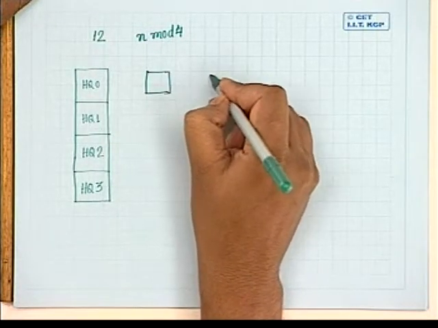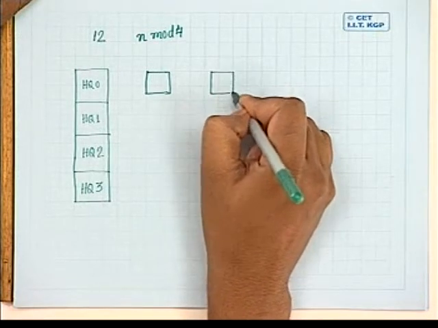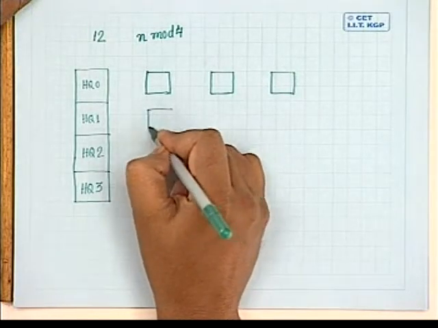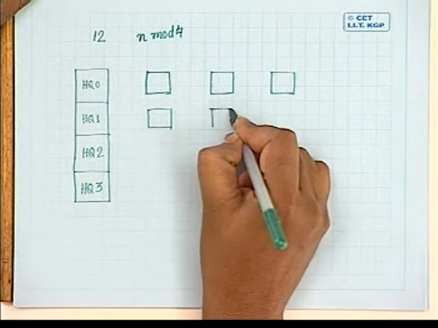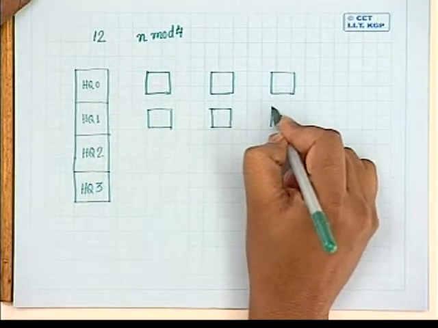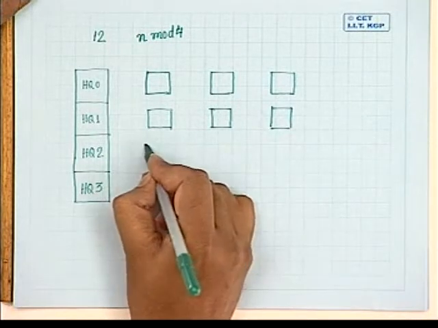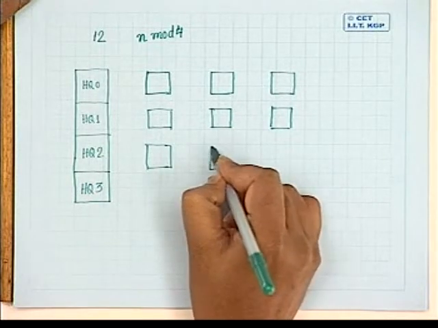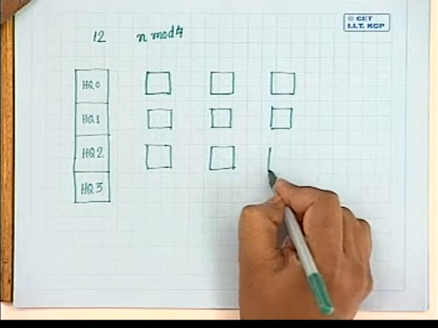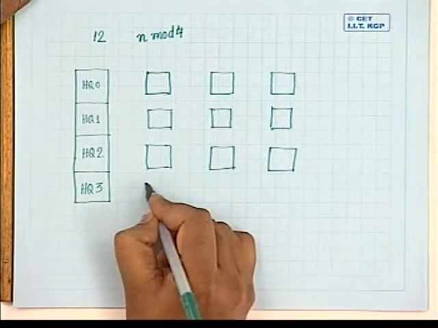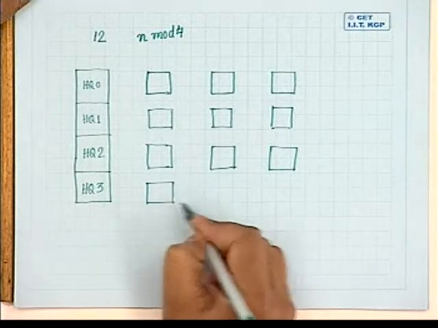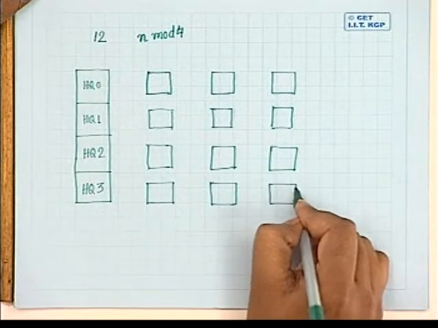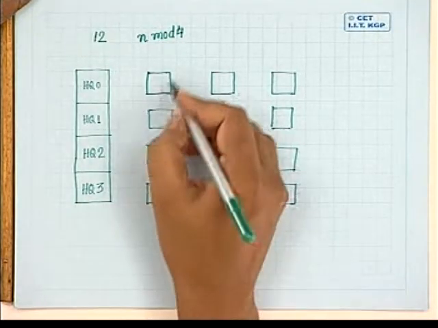In each of these hash queues, I have say 3 buffers.